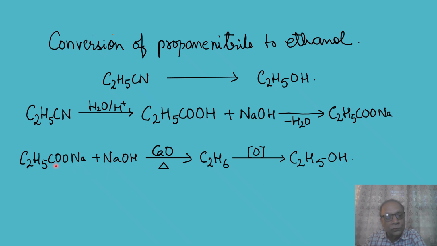Here you see COONa is lost as Na2CO3, and this H here joins this C2H5 and the compound becomes C2H6. So once we get this C2H6, we can oxidize it to the next homologous series, which is C2H5OH ethanol. So controlled oxidation of ethane will yield ethanol.